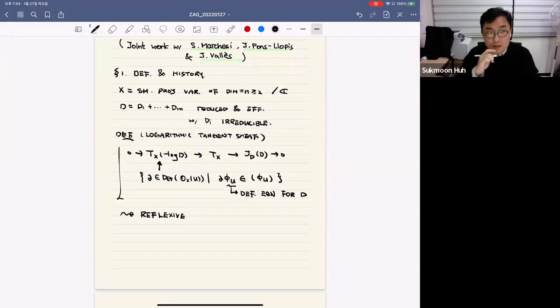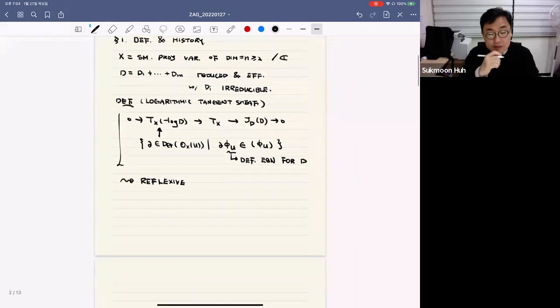So in particular, if we consider a projective surface and its divisor, its logarithmic tangent sheaf is in fact locally free. And also we can consider its dual sheaf, which is also called the logarithmic sheaf or logarithmic cotangent sheaf. So Omega_X^1(log D) is defined to be the dual of the logarithmic tangent sheaf.